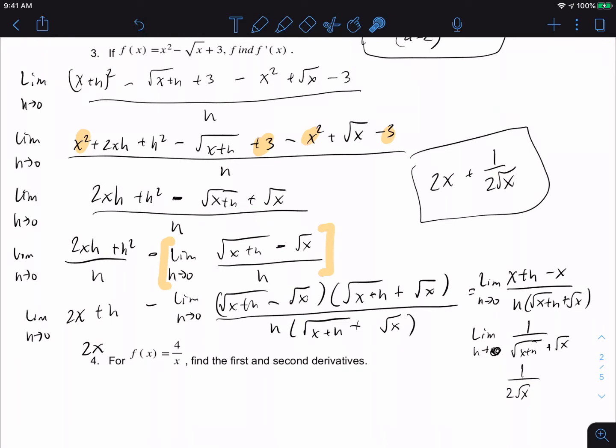Okay, go ahead. Let me explain that to you. In order to use the limit as x approaches a, you need to know what a is. Do we know what number we're approaching in this problem? 0, right? No. Remember, a is not 0. The h here is the margin of error to the desired number we're trying to get to.